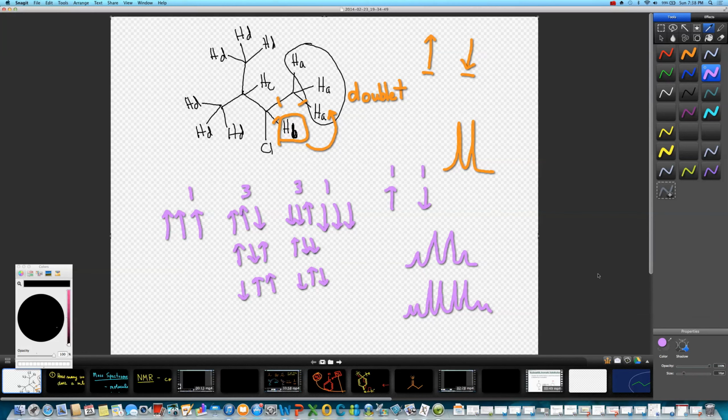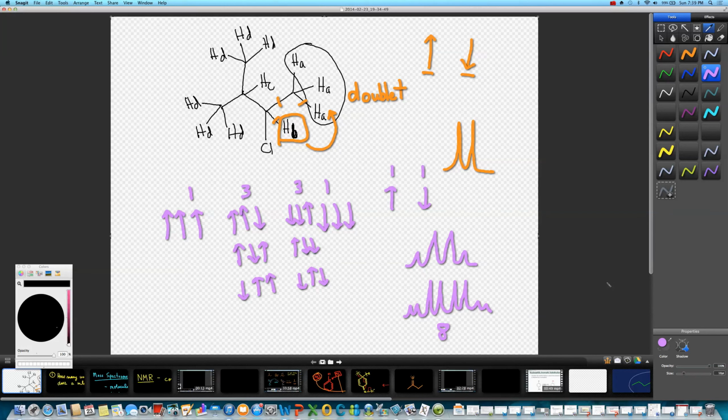And so this gives us what is called a doublet of quartets, a total of 8 peaks. Now we'll talk more about this complex splitting later, and it does depend on a couple of other factors. I simply want you to see how we get the peaks that we do.